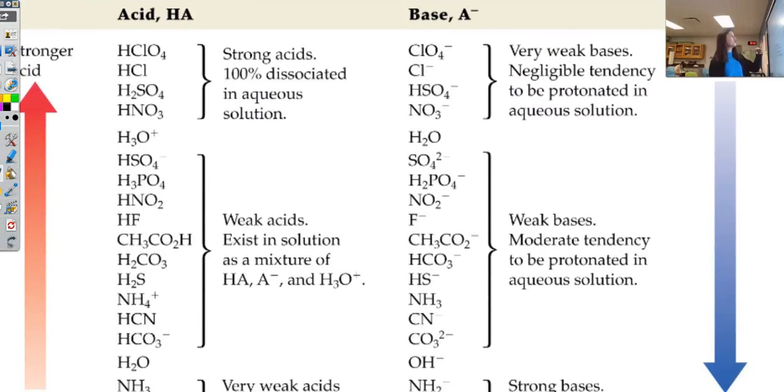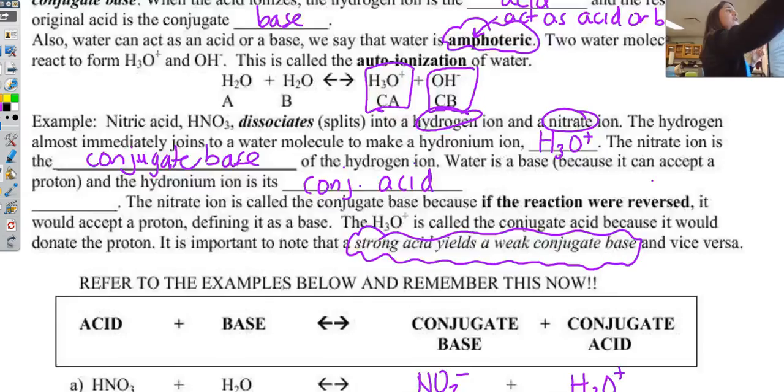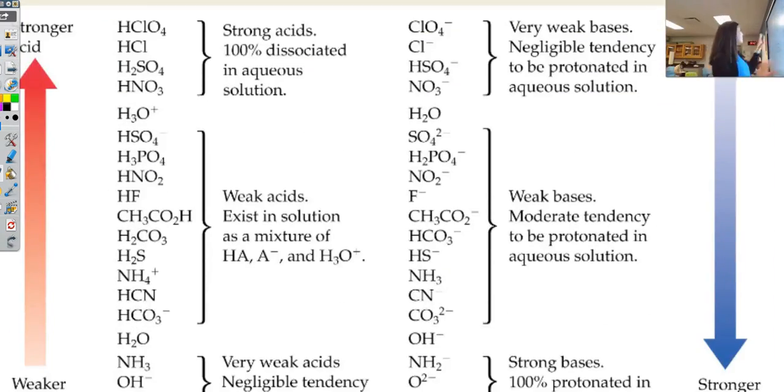We're going to talk about strong and weak. This is actually a good time to go over this because we did do this before. Stronger acids, their conjugates are usually going to be weak, and then the other way around. A strong base should have a weaker conjugate. Okay, so just keeping that in mind.